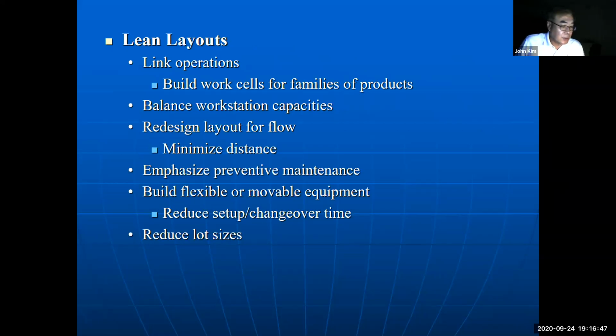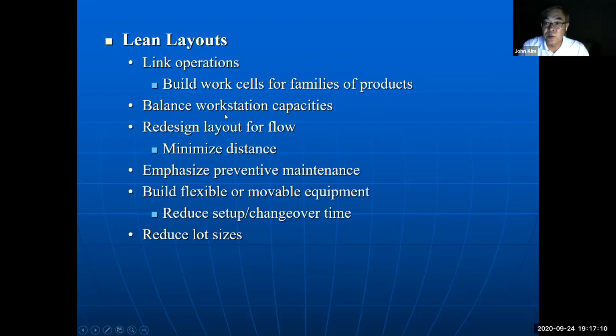Lean layout. For the JIT system, layout is important. So try to use link operations. Build work cells and link them together, then reduce moving distance and time and so on.